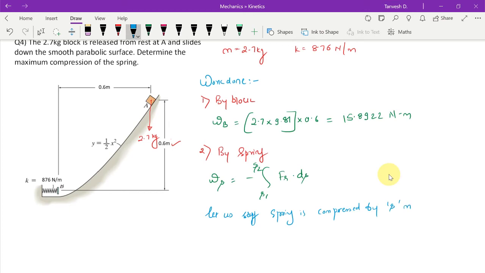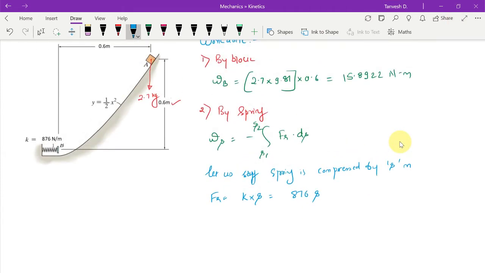Okay, so Fr is equal to K into S, which is equal to 876 S, right? And what is S1? S1 is at this position, means the unstretched position, that is equal to 0, and S2 is equal to S, because that much the spring gets compressed, right?